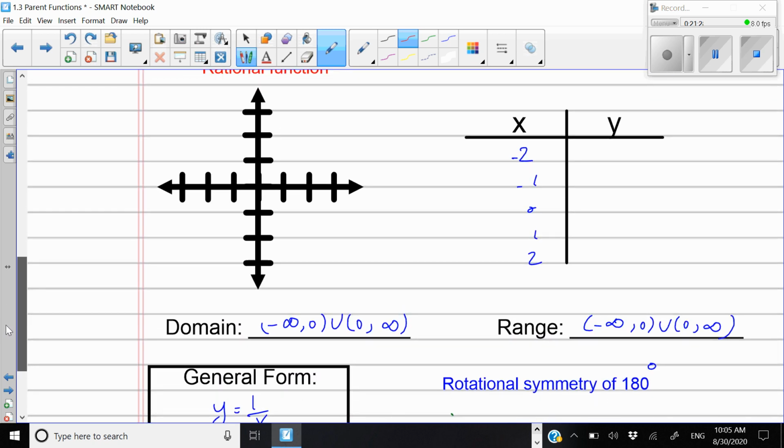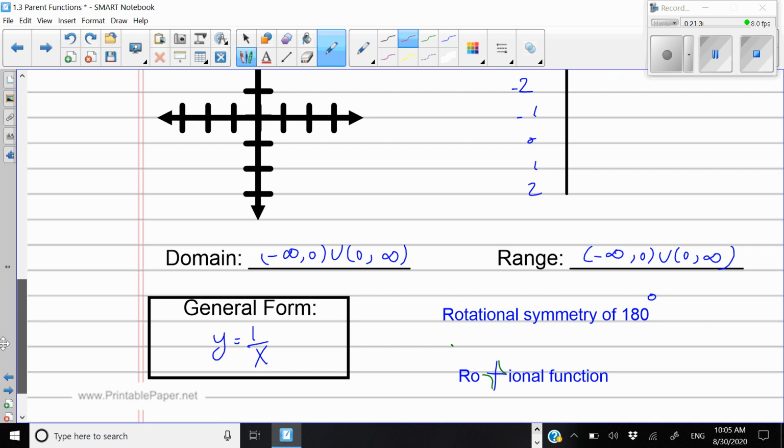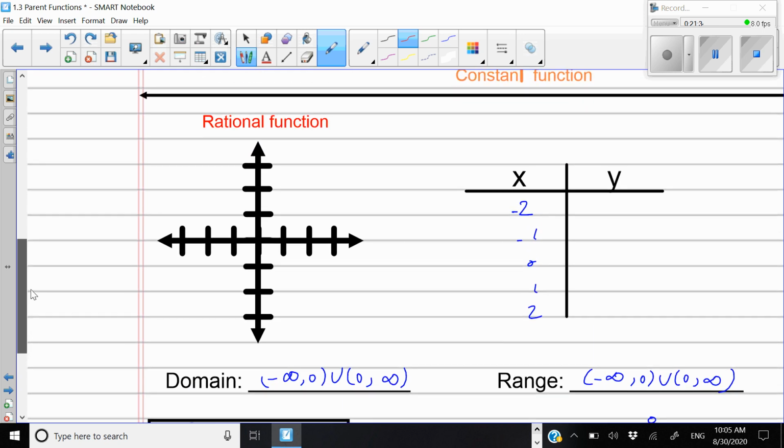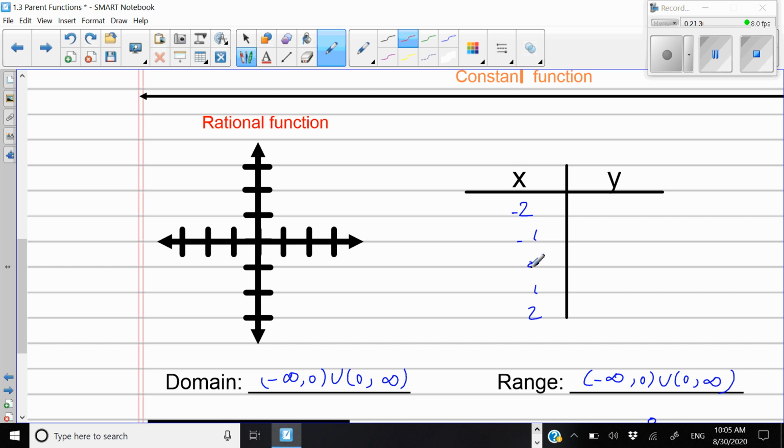Rational function. Let's talk about rational function. Now y equal to 1 over x is the equation. Now I'm going to use some points, give them to this function, and see what happens. So if I give -2 to the function, y will be -1 over 2, or let's say -0.5.